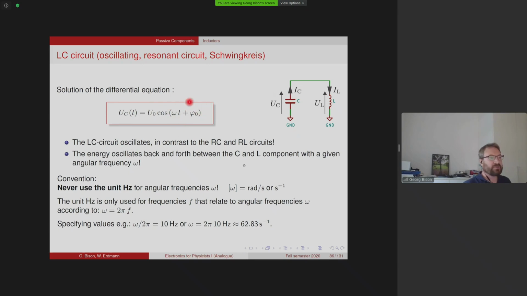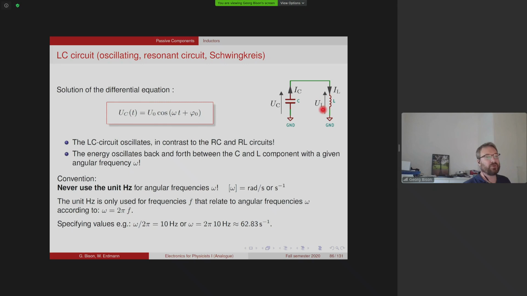Okay, now why is this oscillating? Imagine at the beginning the capacitor is charged, and this means that there's a voltage difference across the capacitor. Now this wants to discharge through the inductor. And so in the inductor, there's a current induced, and this current is slowly rising until the capacitor is discharged.